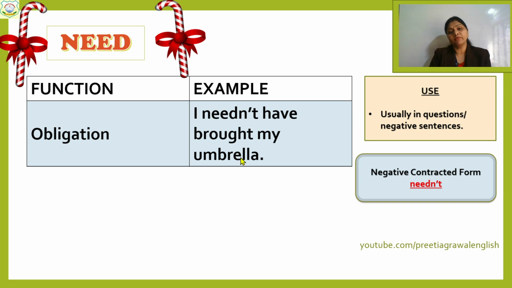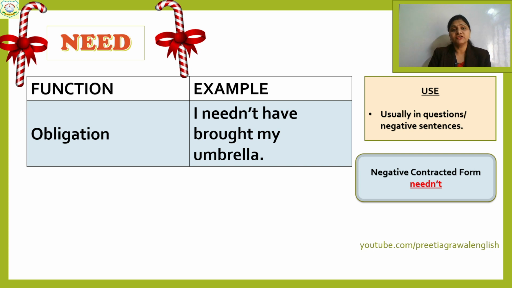I need not have brought my umbrella means the speaker who is speaking is obliged to someone else and is saying that I needn't have brought my umbrella, of course the meaning is coming that there was no use. The umbrella was of no use in such a condition. But whenever we are obliged to someone, that time also we can use this modal need.